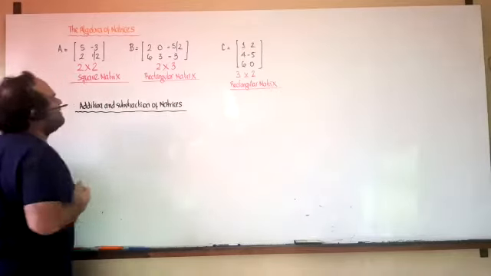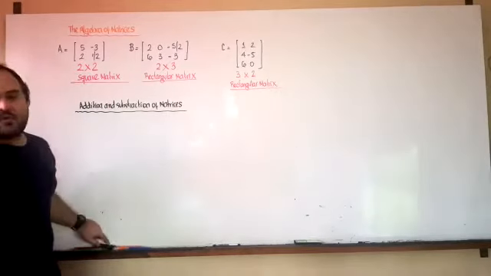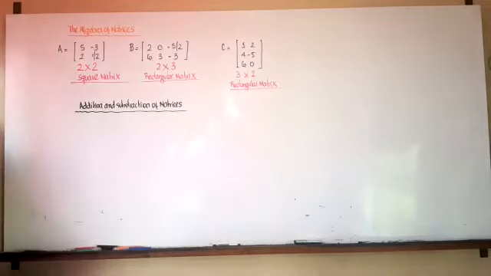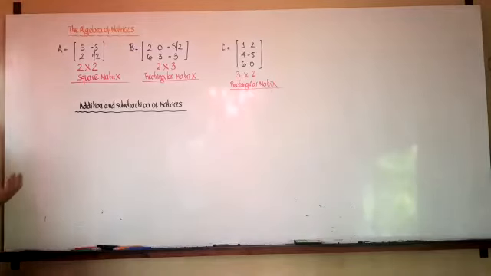There's one singular secret: to add or subtract matrices, they must be the same size. It could be a square matrix or a rectangular matrix, but we can add or subtract matrices only when they have the same dimension.